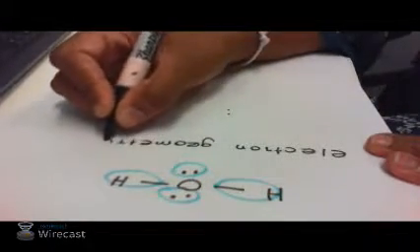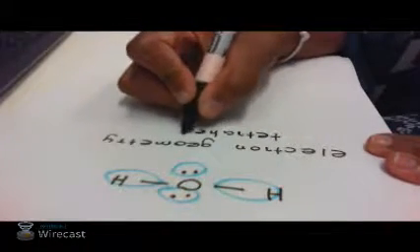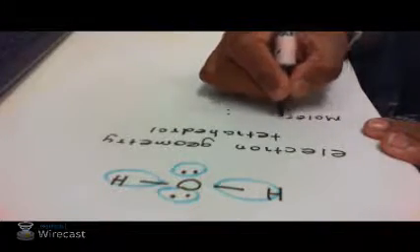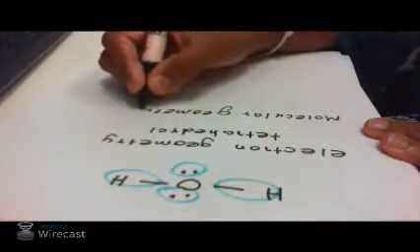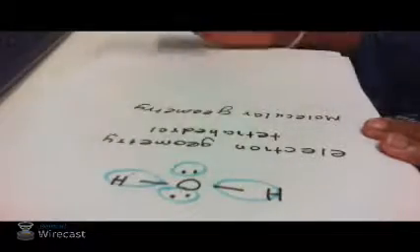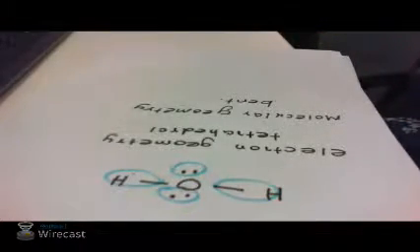So, electron geometry is tetrahedral. What is the molecular geometry? 4 electron groups around the central atom, 2 bonding, 2 lone pairs. It's going to be bent. So now I think you have a clear understanding of electron geometry and molecular geometry. Always keep in mind, for electron geometry, you count the number of electron domains.